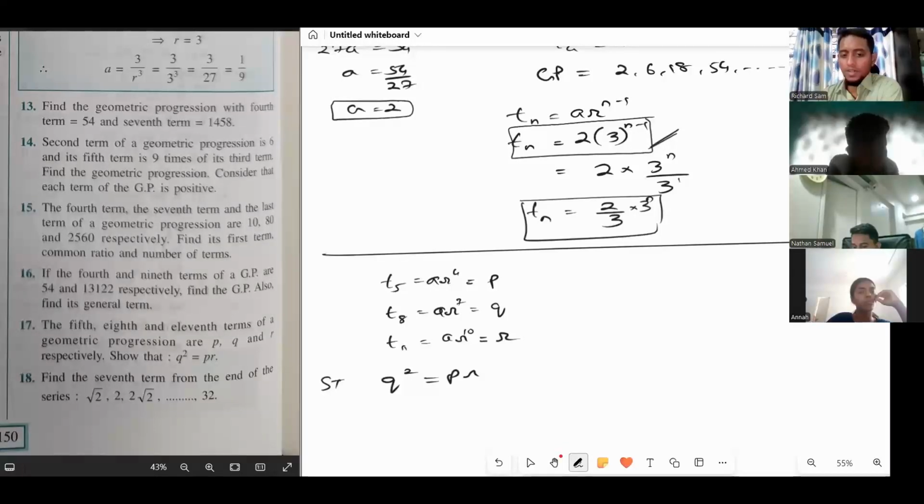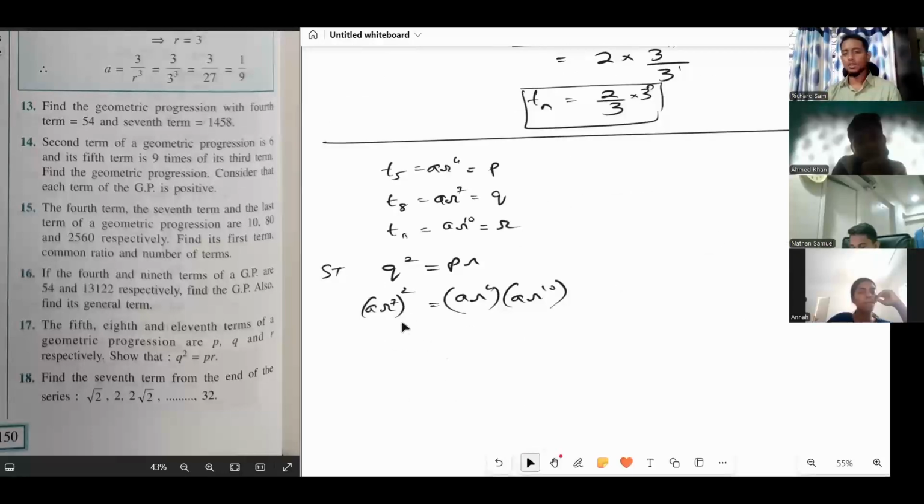So we can substitute the values that we got in this equation and then solve LHS, solve RHS, then we should get the same values. So LHS is what? Q squared means AR raised to 7 whole squared. And P into R, P is AR raised to 4 into AR raised to 10.